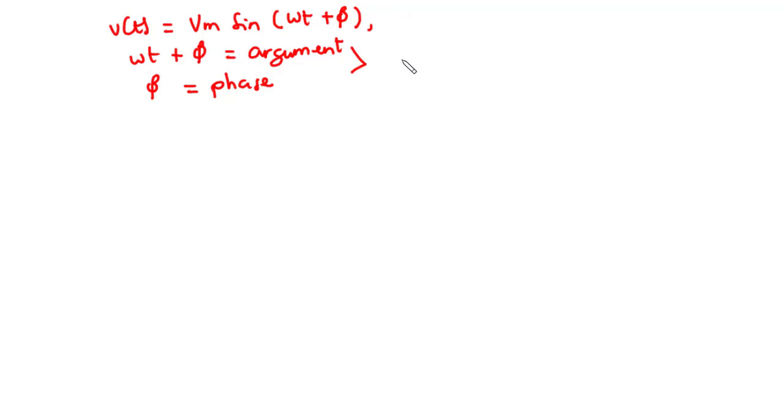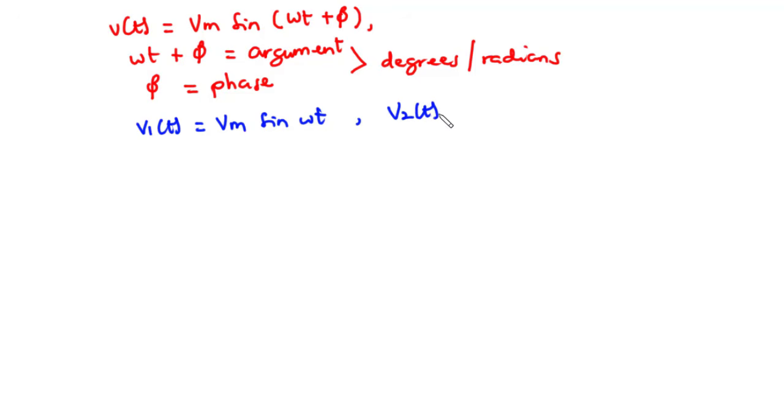Now the two can either be in degrees or in radians. Also, let's consider two sinusoidal voltages, V1 of t to be Vm sine omega t, and then we have V2 of t also to be Vm sine omega t plus phi.